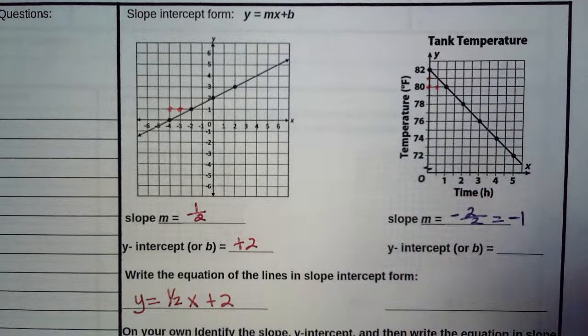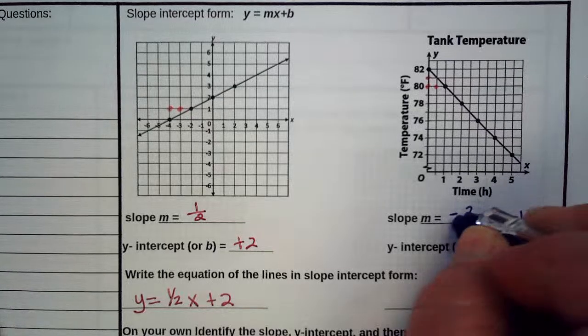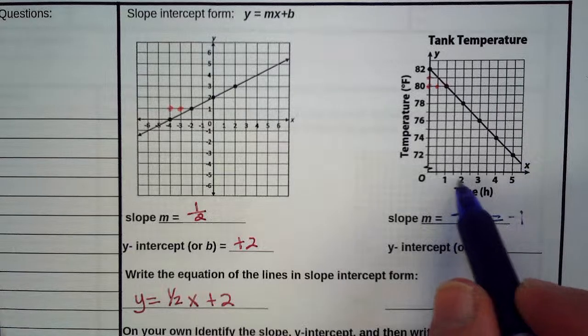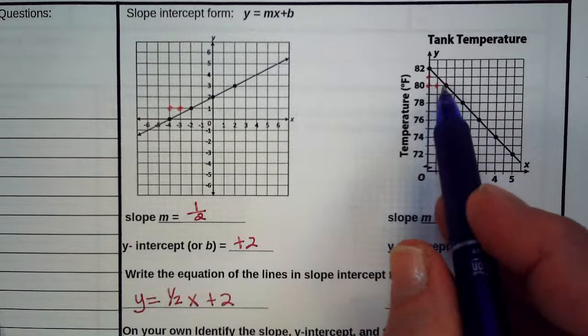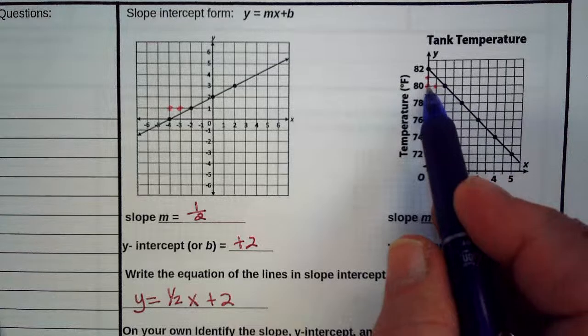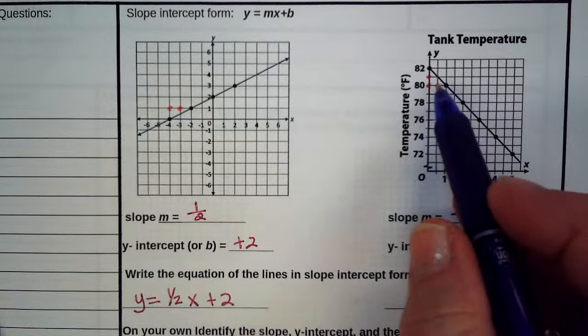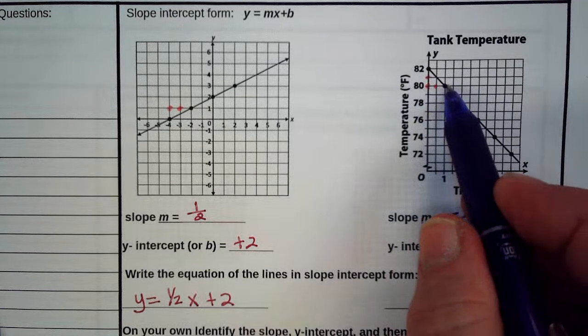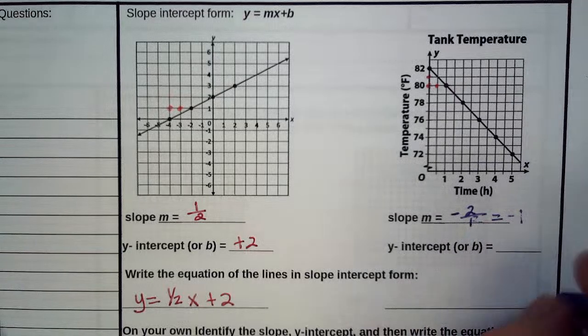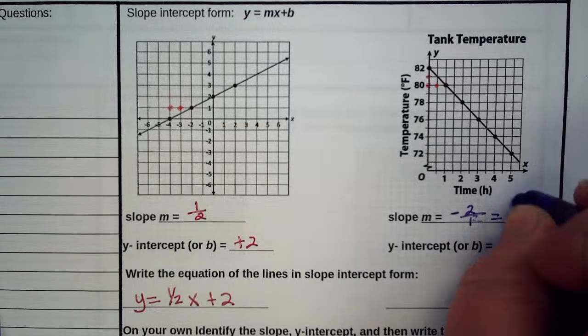Oh, it wouldn't be over 2, it would be over 1. Ooh, I messed up there. Why did I mess up? Because instead of looking at what it tells me down here, I just simply counted my lines. So it goes down from 82 to 80, that's going down 2. But I go from 0 to 1. This is 1. So it's 2 over 1. So my slope is a negative 2.